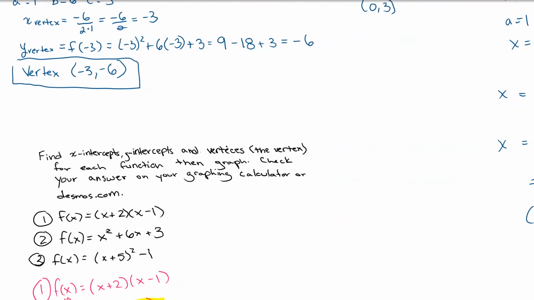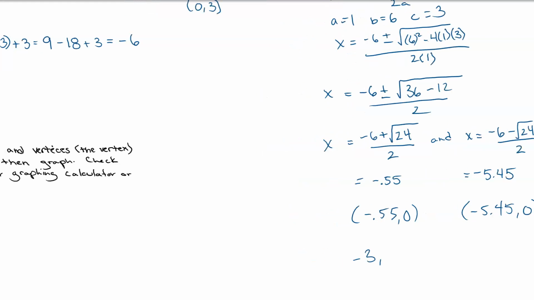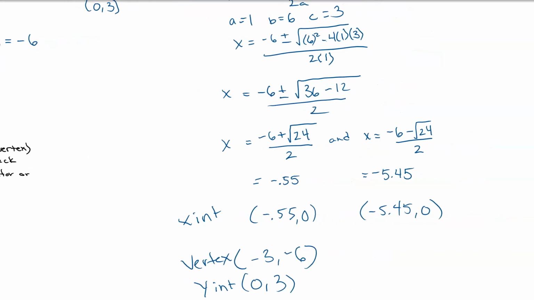So I just need to gather my other information. So I've got negative 3, negative 6 as my vertex. These are my x-intercepts. My y-intercept was 0, 3. All right, let's go ahead and graph this guy.